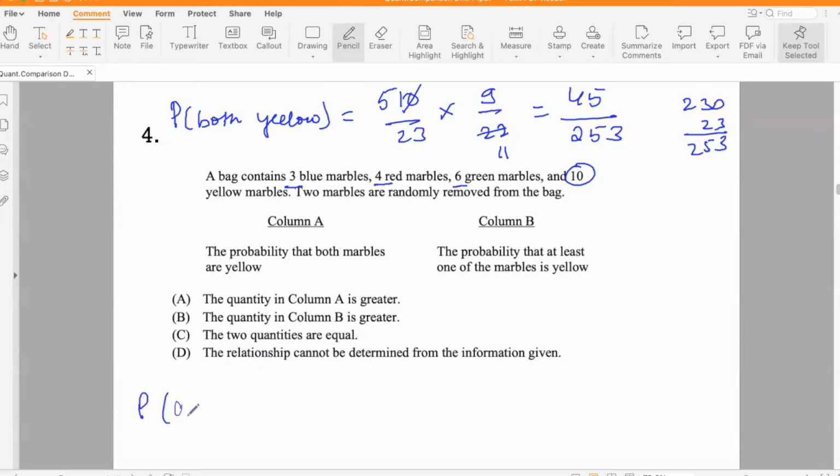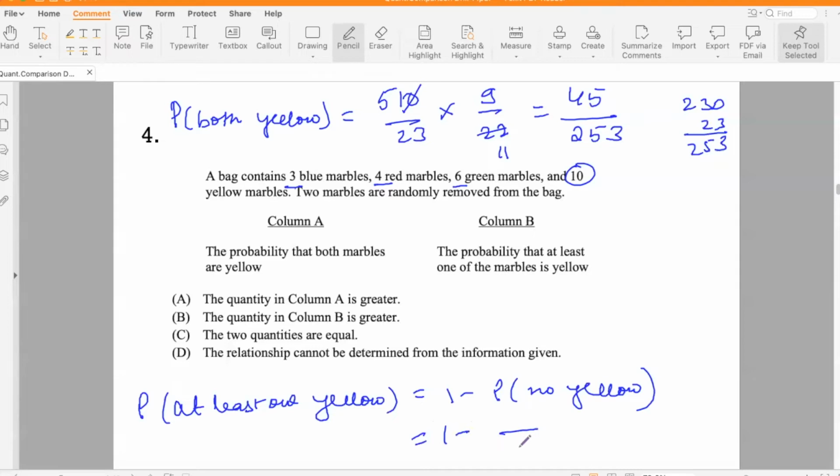Now, the probability that at least one is yellow will be 1 minus the probability of no yellow, because at least one yellow would mean that one of the two could be yellow or both could be yellow. So let's just do 1 minus probability no yellow. So probability no yellow would mean that out of the 23, the first time you do not select any of these 10, so 13.